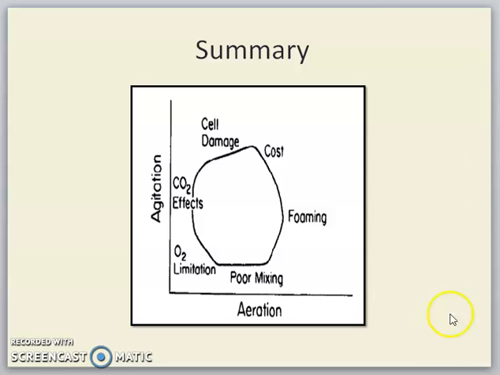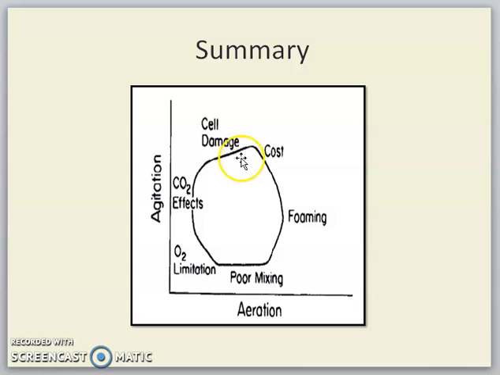In summary, agitation and aeration are very important in the fermentation, and they do affect the mass transfer, the mixing, and the production of your fermentation.